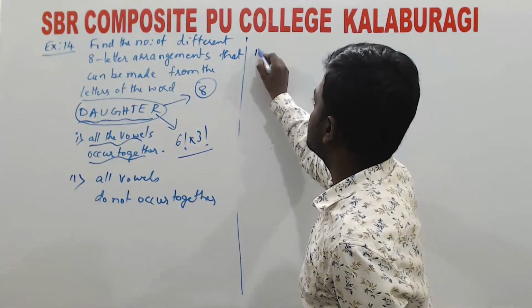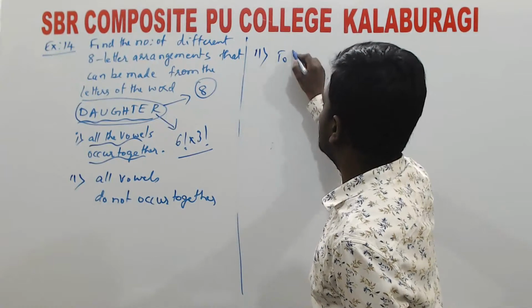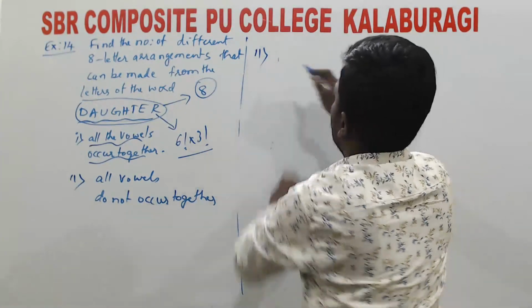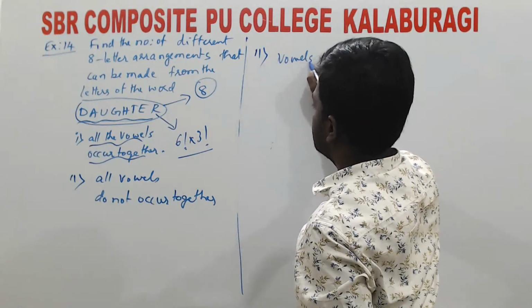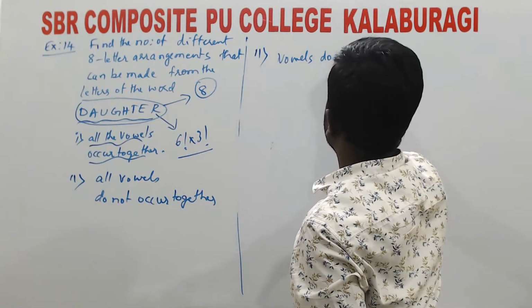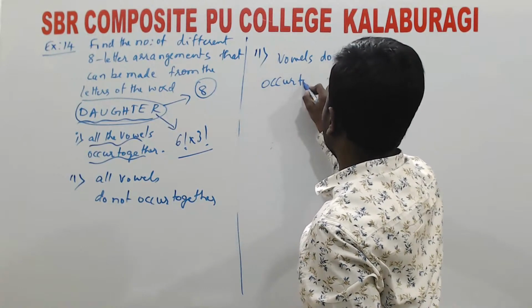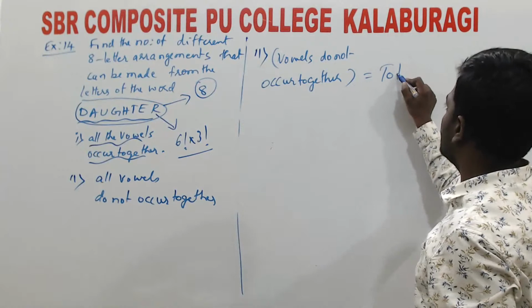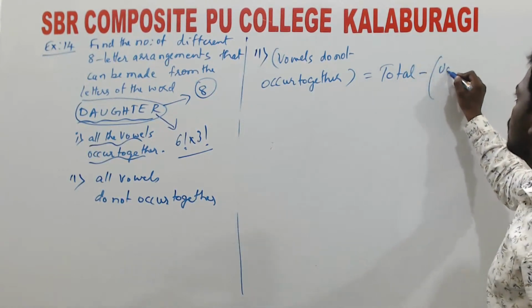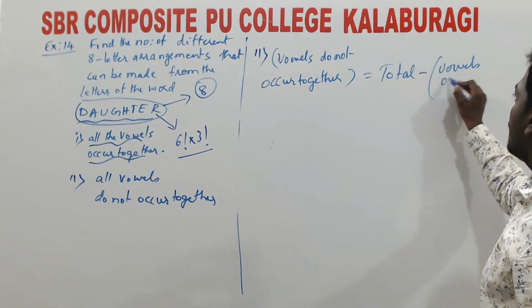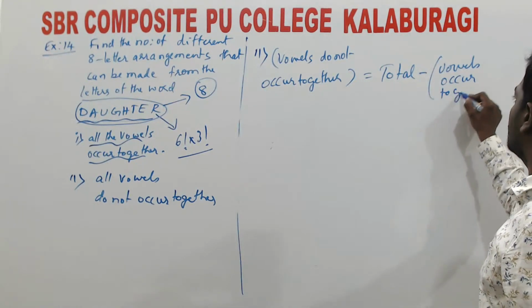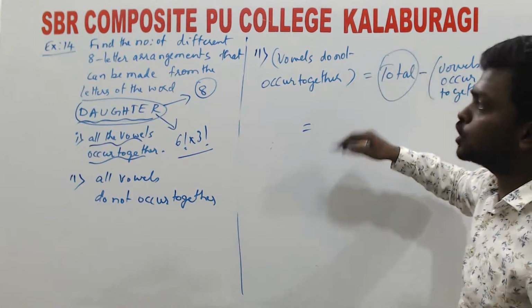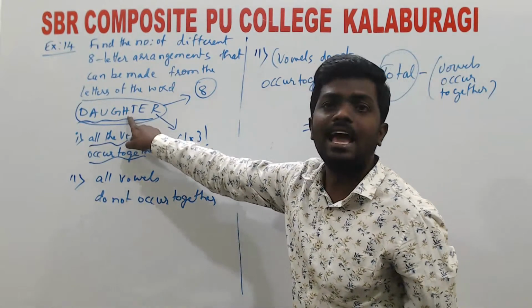So the total number of ways in which vowels do not occur together is nothing but total arrangements minus vowels occurring together, right? So for total arrangements, how many do we have?